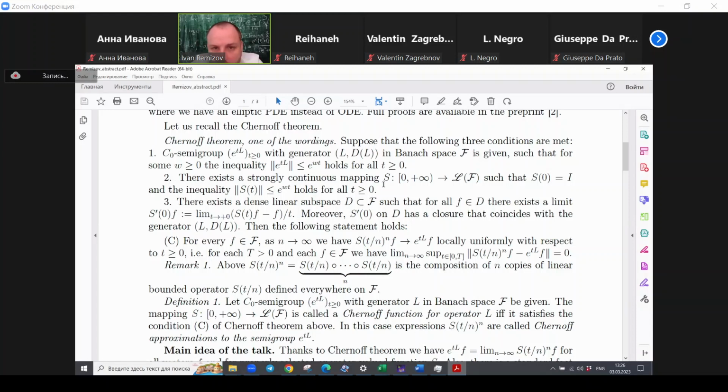Second condition: there is a strongly continuous mapping, which means it is continuous on every vector.